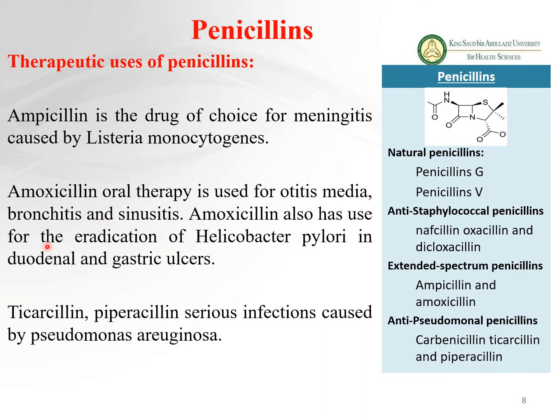Amoxicillin is also used for the eradication of H. pylori in duodenal and gastric ulcers. You will discuss this in the gastric ulcer lecture. H. pylori is one of the most common causes of gastric and duodenal ulcers. Anti-pseudomonal penicillins like ticarcillin or piperacillin are used for serious infections caused by Pseudomonas aeruginosa.